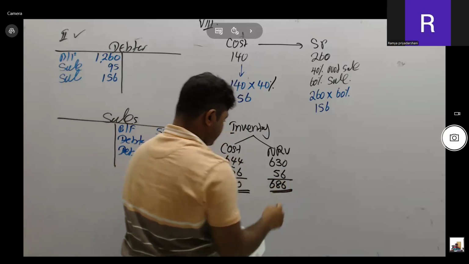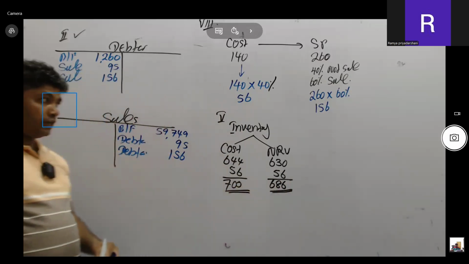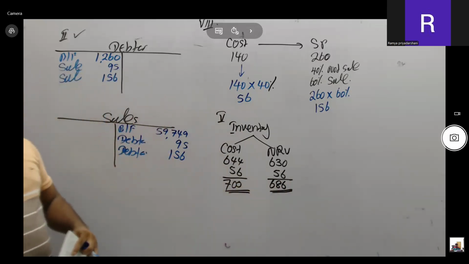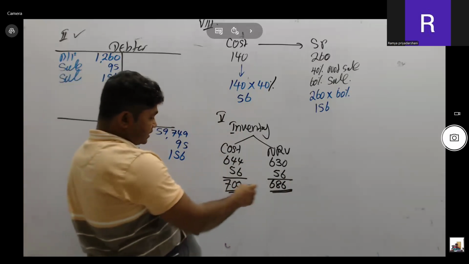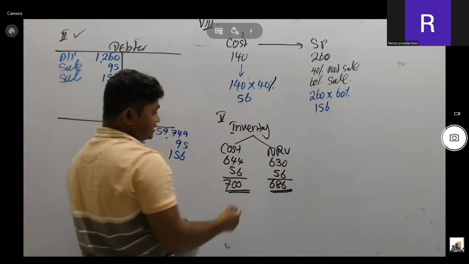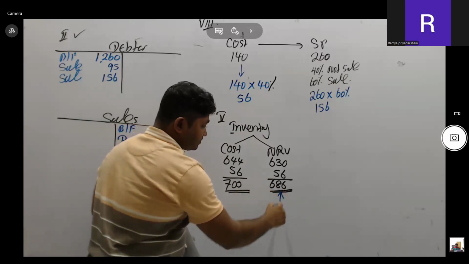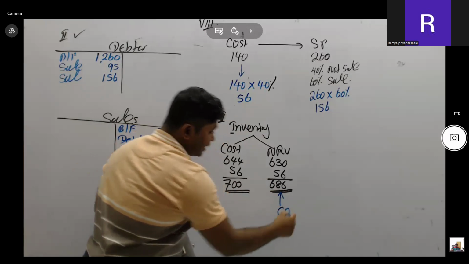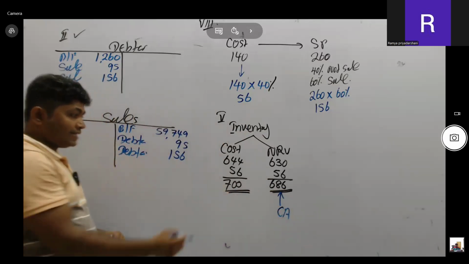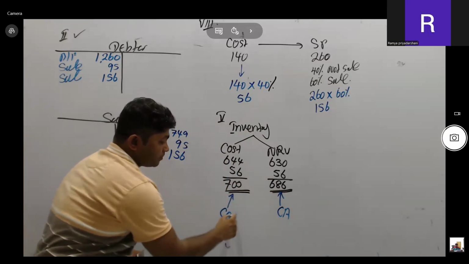If NRV is lower than the cost value, the difference value should be considered as stock written off. How to disclose on the financial statement: this value should be recorded under current assets, and the cost value should be recorded under cost of sales calculation.